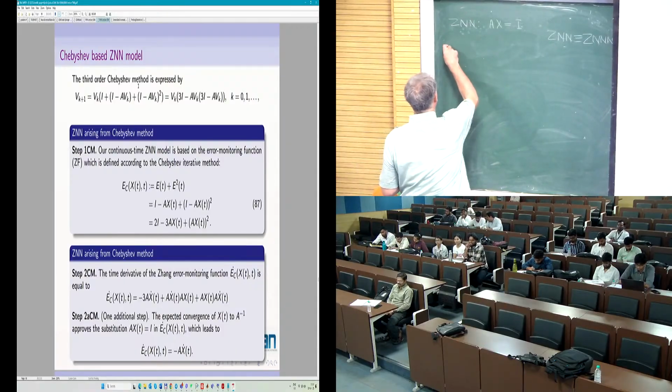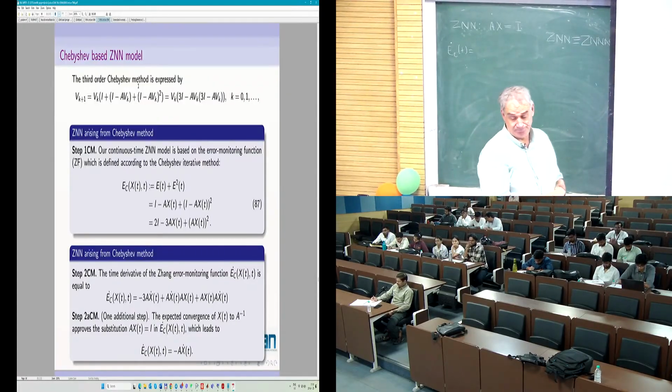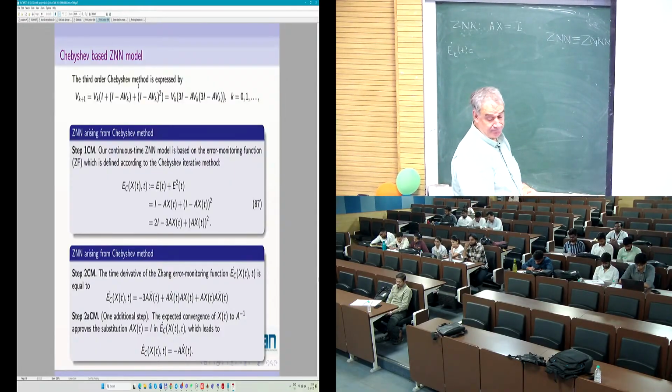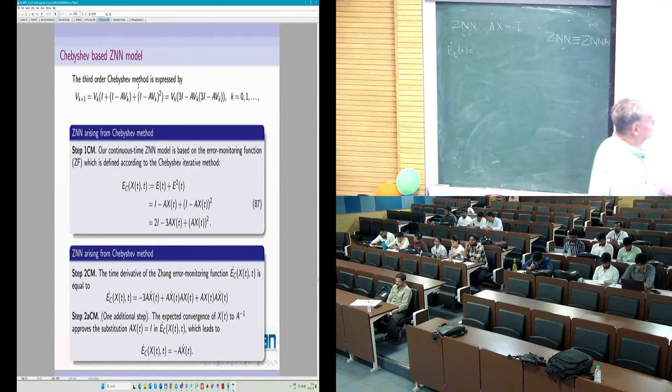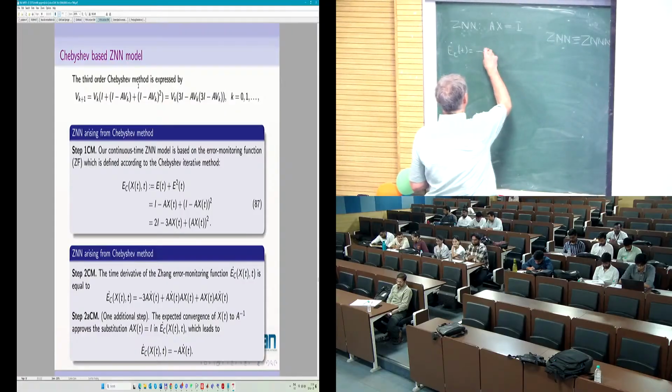We need the derivative of E_C. It is equal to the constant term, whose derivative is 0, then the constant factor times the derivative of x of t, minus 3A x dot of t.